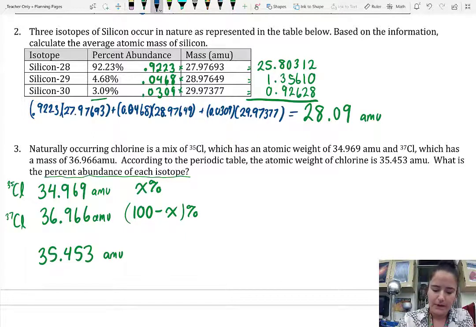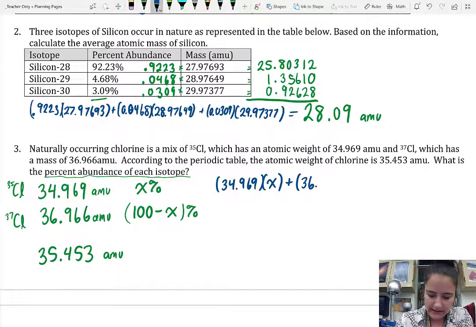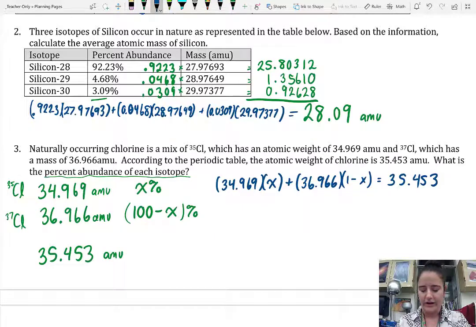So here we go. We have 34.969 times some percentage plus 36.966 times, oops, not 100, I'm in decimal form, so 1 minus X, equals 35.453.